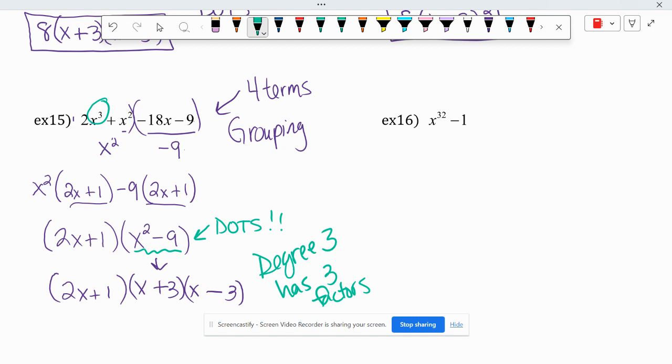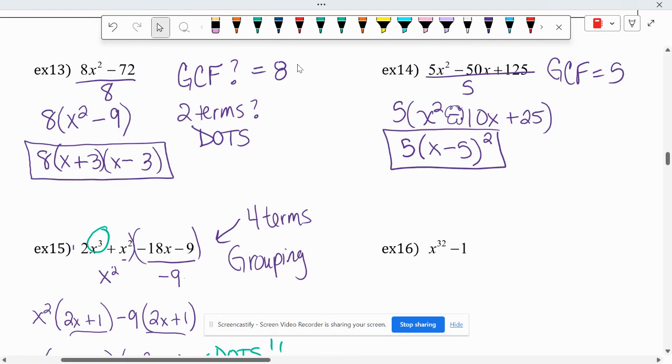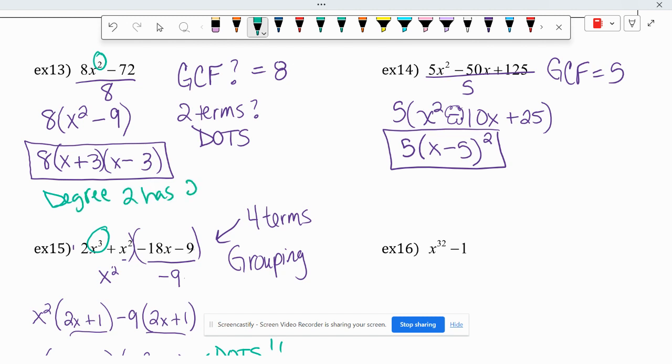Interesting. But when it's a degree 2, how many factors do we have? Do you think that that's on purpose? It is. Yeah, so that'll kind of tell you how many factors you need to have.